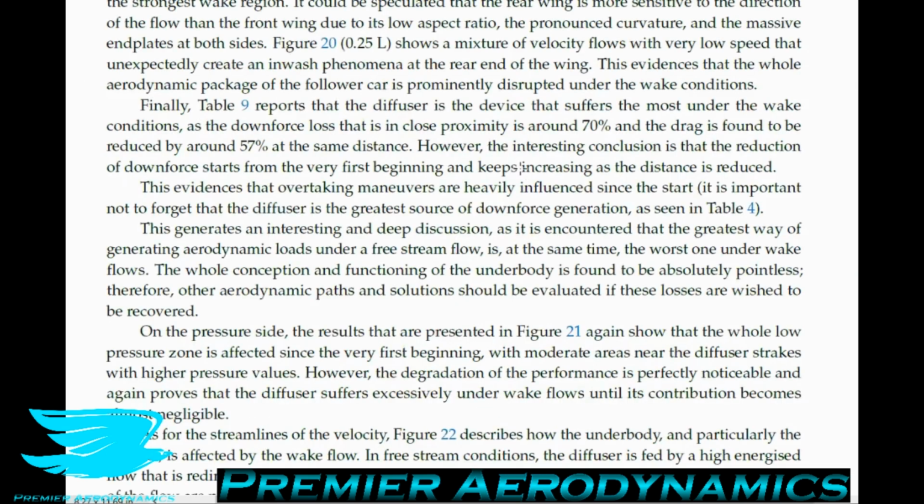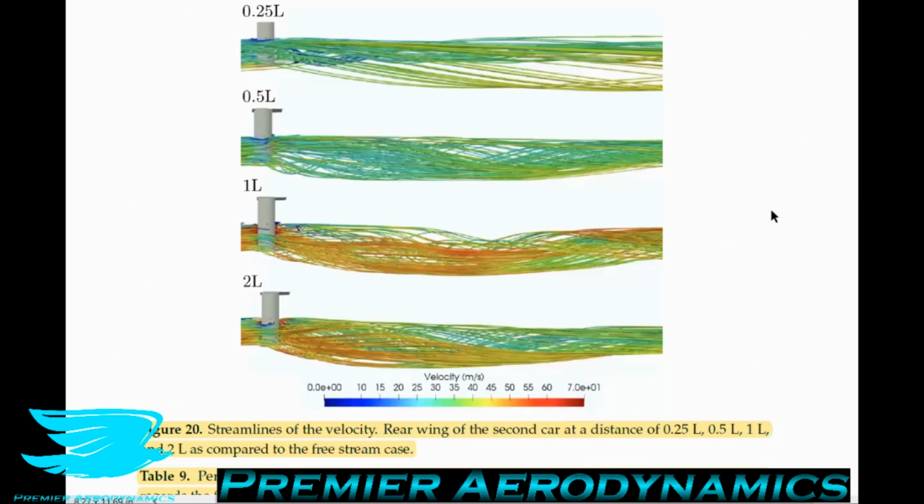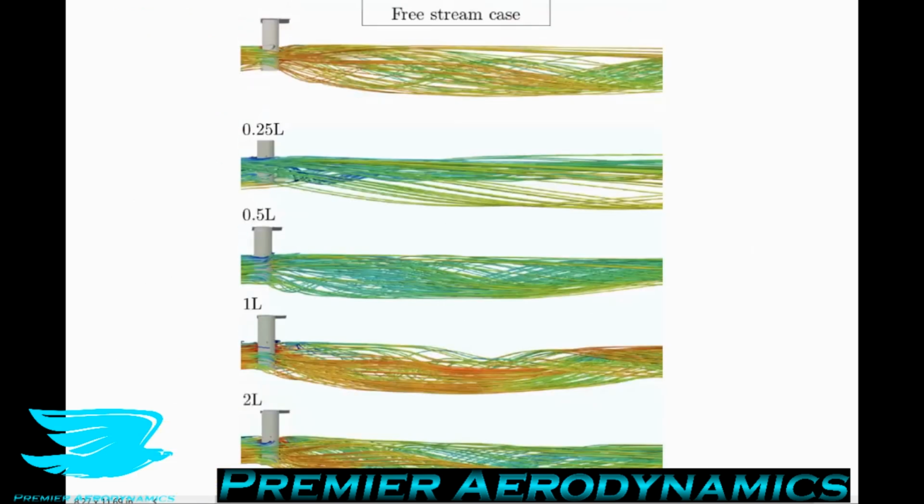So in figure 20, we can now see the streamlines of the velocity and the rear wing of the second car at a distance of 0.25 lengths all the way to 2 lengths downstream as compared to the free stream case. Under a normal regime, figure 20 shows that the rear wing works perfectly with aligned flow that is redirected by other aerodynamic devices. But it is possible to see that as the distance is reduced, the streamlines tend to deflect slightly inboard.